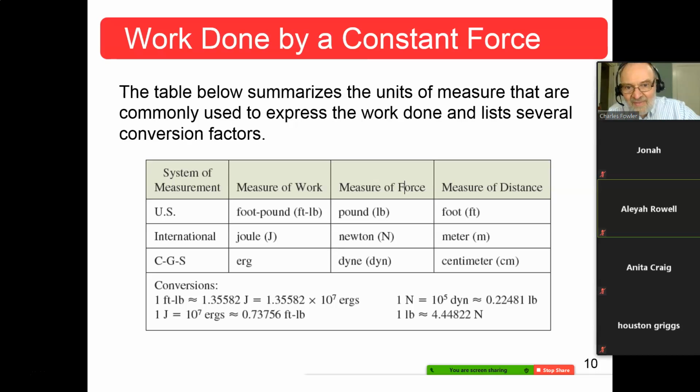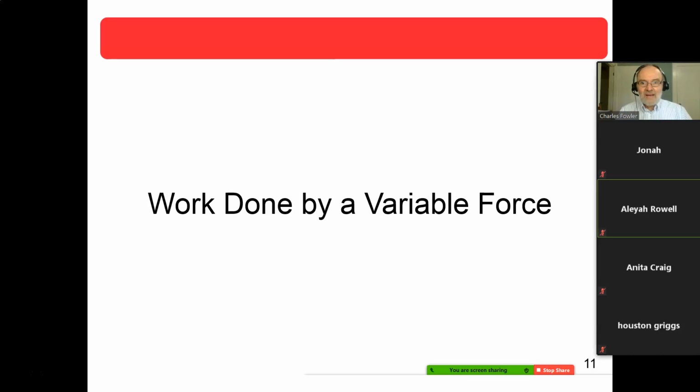All right, and that table talks about all three of those. Okay, and it gives some conversion factors. So it's pretty good for a math book to give that kind of information. That's on the bottom of page 485. Okay, we'll start next time with work done by variable force.